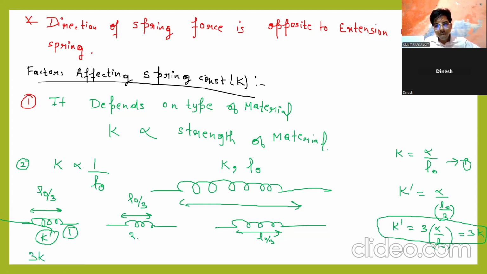Okay, sir. Spring constant here becomes 3k. It means it is proportional to the reciprocal of the length. If length is L naught by 3, spring constant becomes 3k. If length is L naught by 2, spring constant becomes 2k. If length is 2L naught by 3, it is 3k by 2. Like this. For example, if I ask you this question, you will solve it.